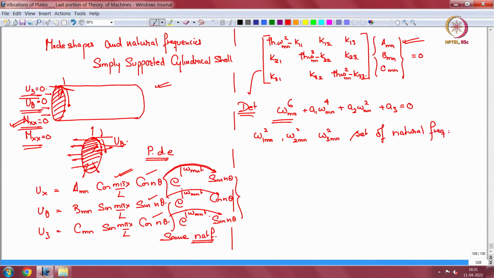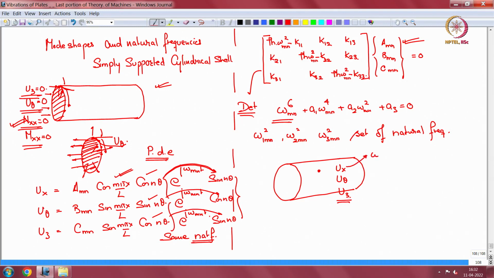What are these omega 1, 2, 3? Now, the shell itself is capable of moving in 3 directions. Any point on the shell is capable of 3-dimensional movement. A single point can have ux movement, u theta movement, and u3 movement. So, you will have natural frequencies related to each movement.